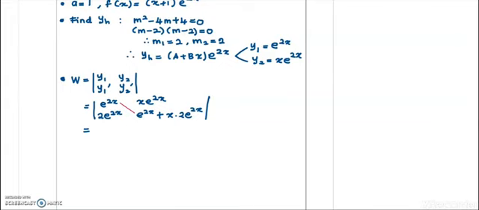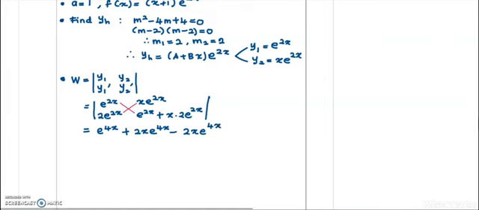Then I will have e^(4x), I'm going to write directly, e^(4x) plus 2x e^(4x), minus the multiplication of these two, so I have minus 2x e^(4x).